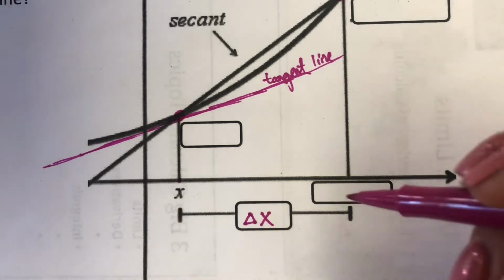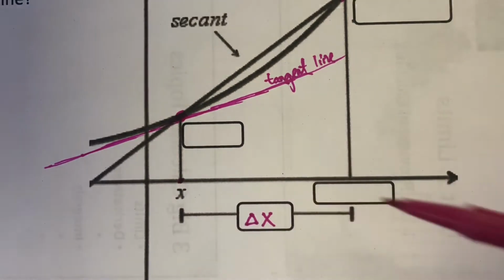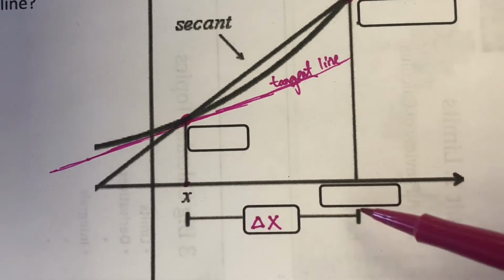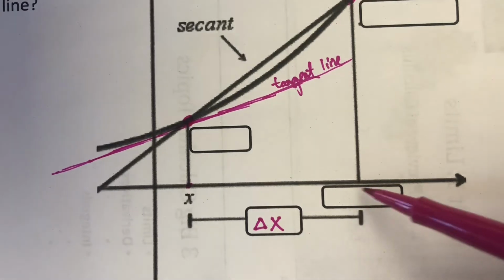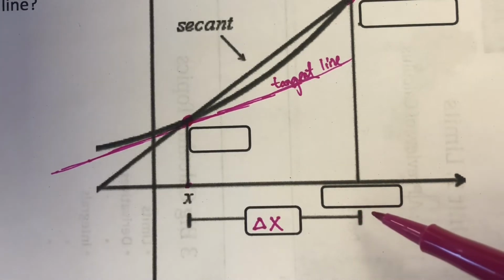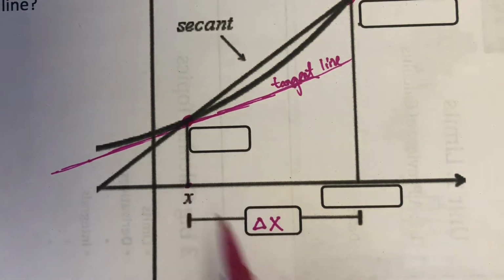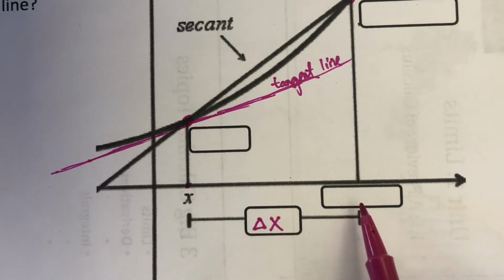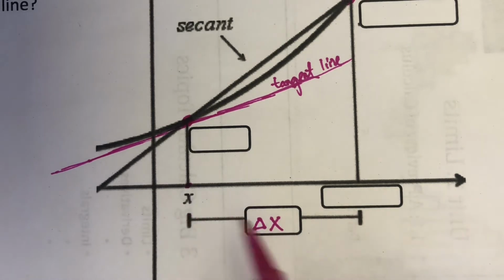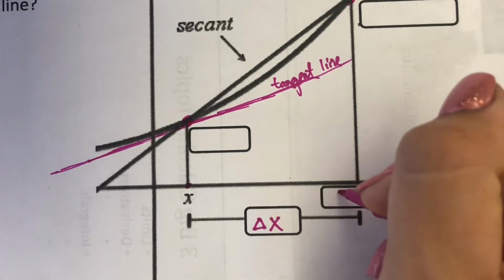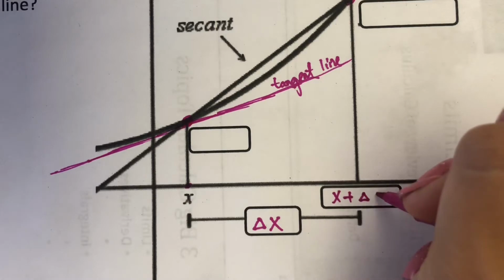So what I want you to think about now, if this is at x, and this distance is delta x, what would I call this x value? Like if this was at 2 and this delta x was 5, what would you call this? 7, right? So in variables, think about the operation you did between the 2 and the 5, you're going to do the same operation between x and delta x. All right, so you would call this x plus delta x.